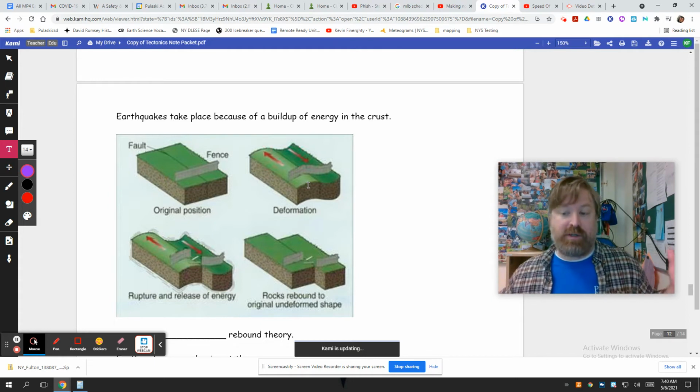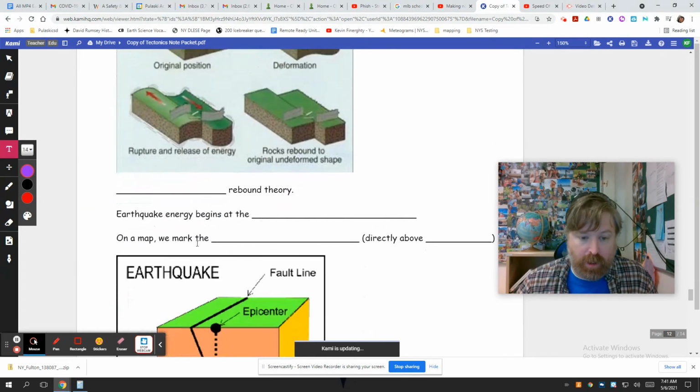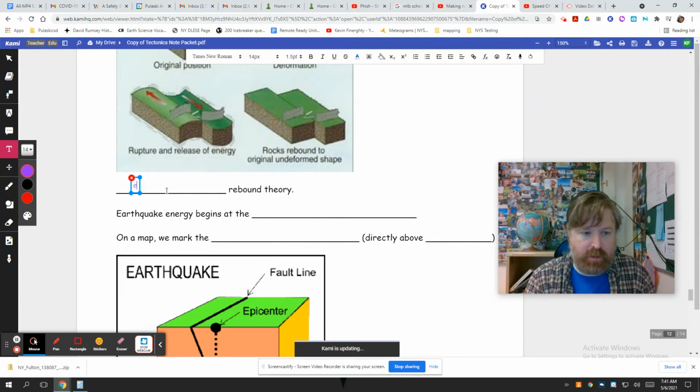But if that pressure were to magically disappear, it would rebound back to its original shape. But when the pressure is significant enough that it causes a rupture or a crack, then that's like snapping your finger with a rubber band. Only if you're talking about continent-sized chunks of rock, that's more than just snapping a rubber band on your finger. It's a serious amount of energy that gets released. Elastic rebound theory.